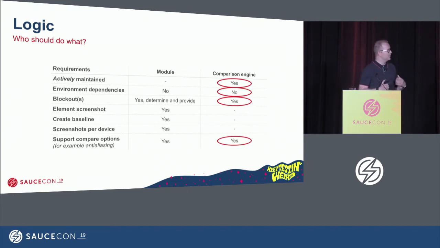Secondly, we do not want environment dependencies, meaning that if we had a comparison core, we should be able to deploy it on our Node.js image, which we were using in our Jenkins pipeline, and there should not be any extra software on there, only something like Node.js. Third, it should support blockouts, like I said, and last but not least, also some compare options. It would be nice, for example, if we could enable or disable anti-aliasing during the comparison.